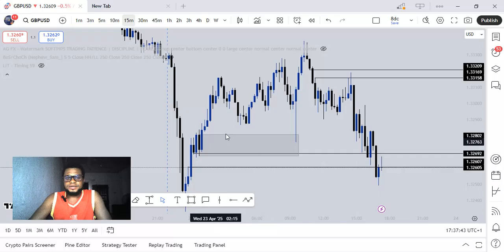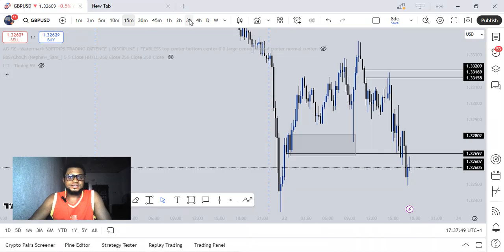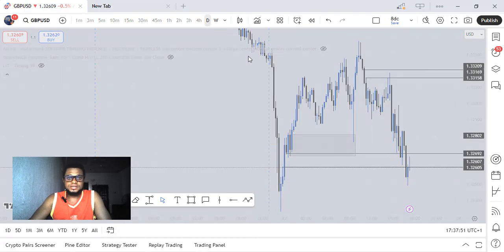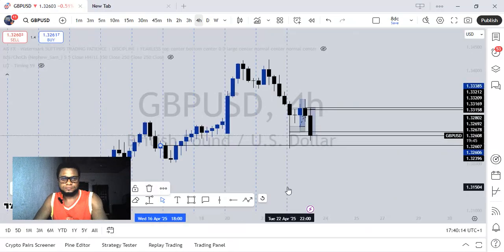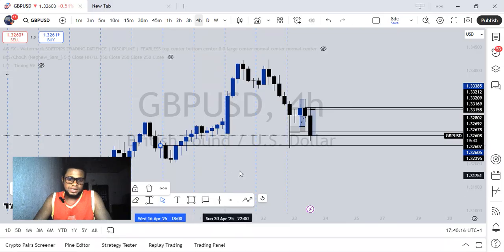first, in the morning when I came in, I saw we had this push. Already the price had traded down to, I think, the daily order block. So coming to the chart, I saw price traded into this place, which is this order block.